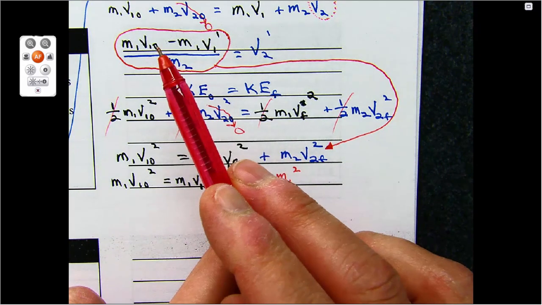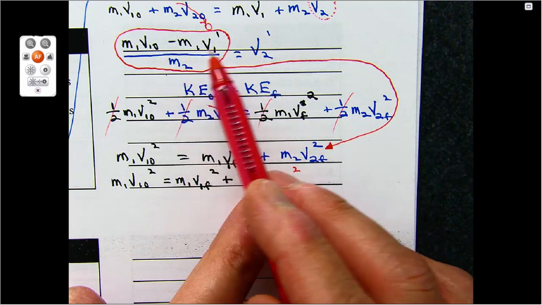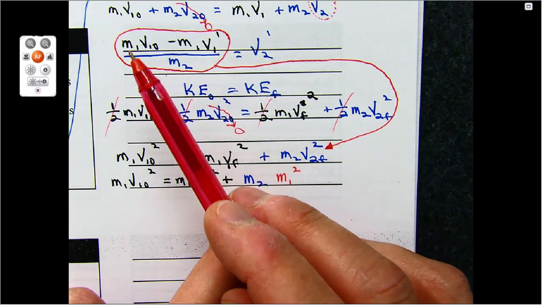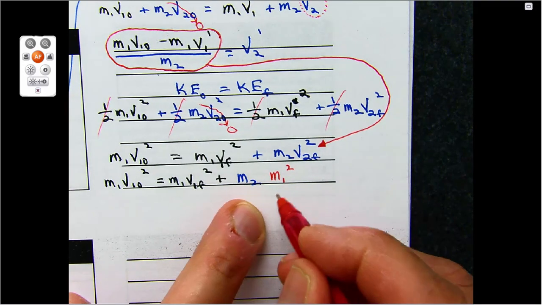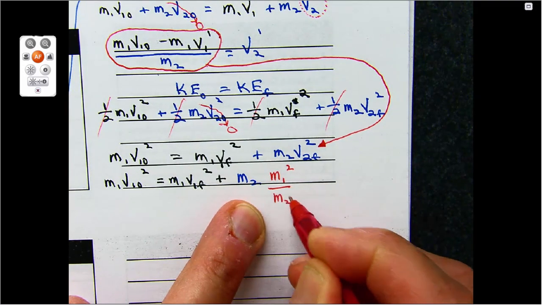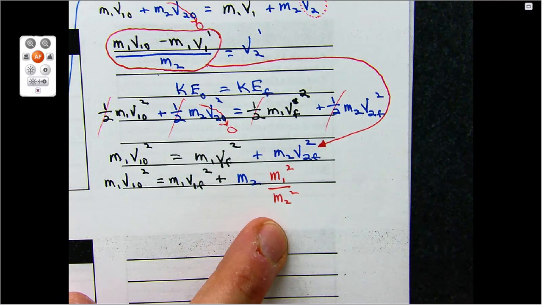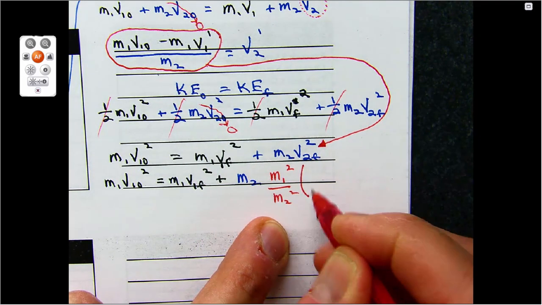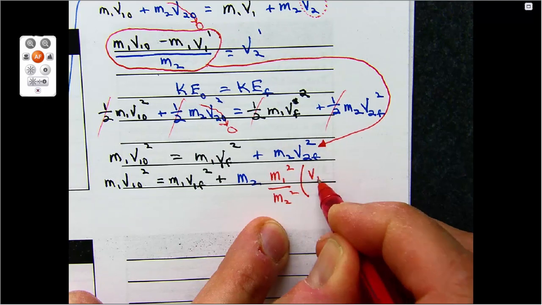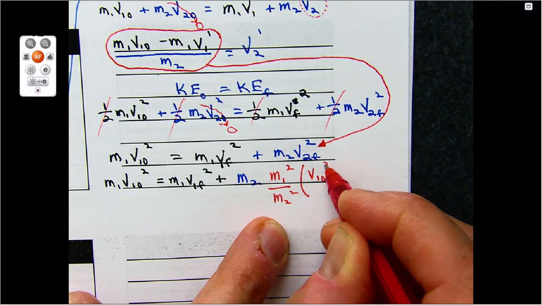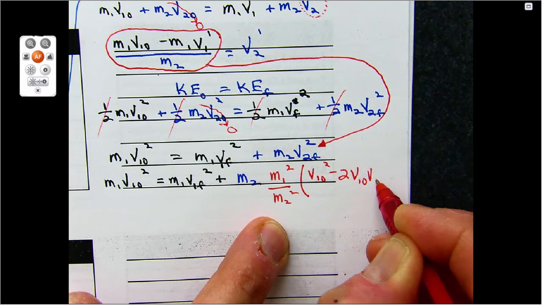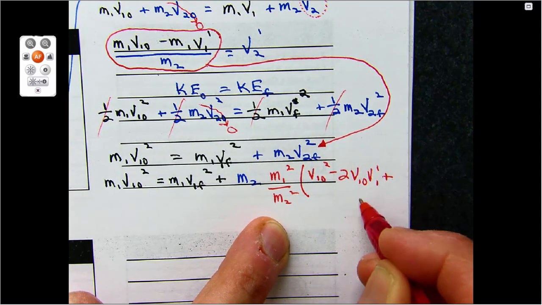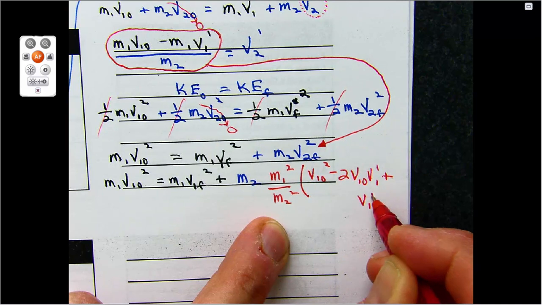So this is going to be this term squared. So the m1's going to be factored out and squared. I did not leave room for that. The m2 over here is going to be squared. And then we're going to end up with v1 initial squared minus 2v1 initial v1 prime plus v1 prime squared.